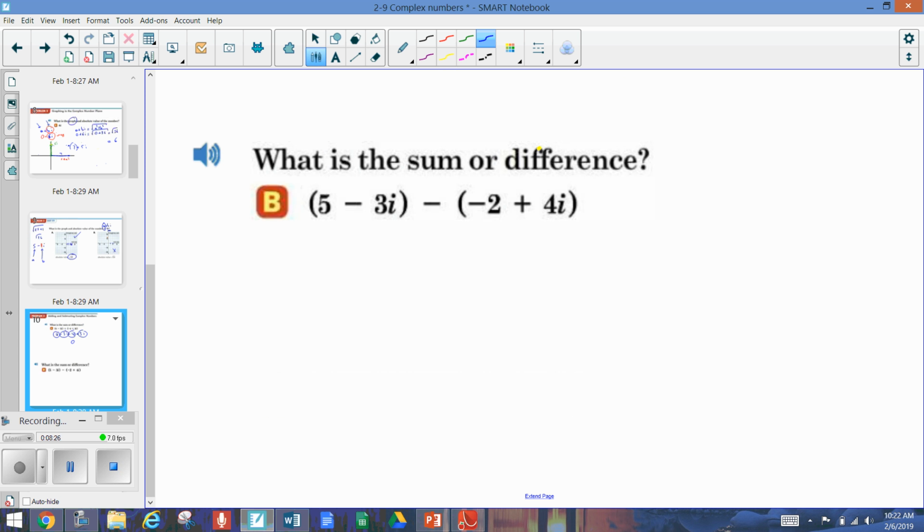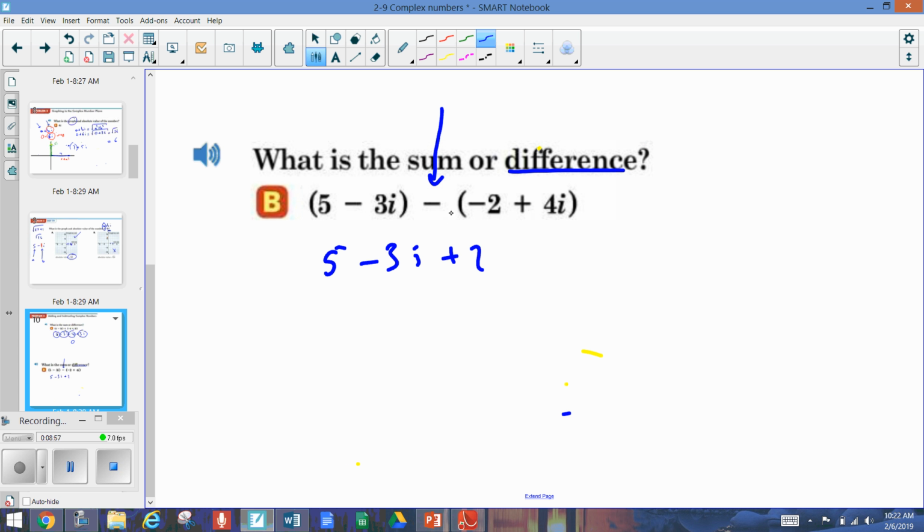What is the sum? 4 different. Let's do. I'm gonna give you time to do that. Pay attention. Sum order is the same thing. Same thing. So in this case, it's different, right? Because of the sign. We just need to distribute this sign in there. So tell me, Carlos, negative times negative 2?